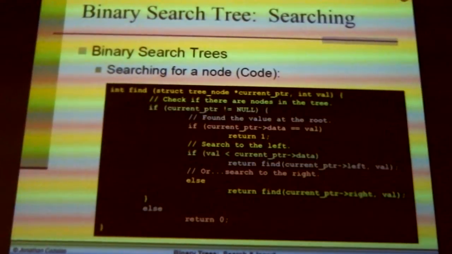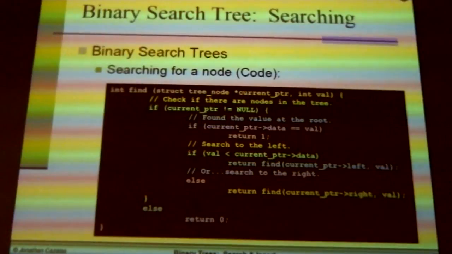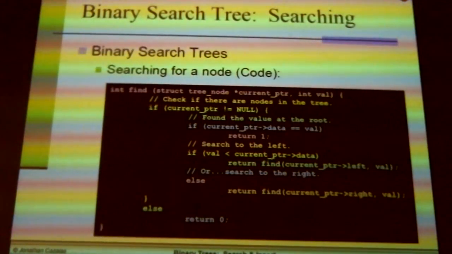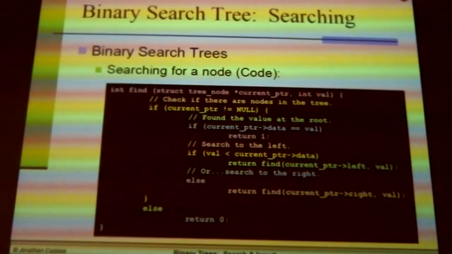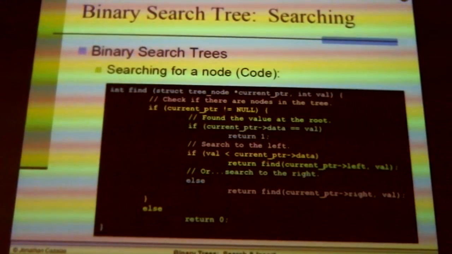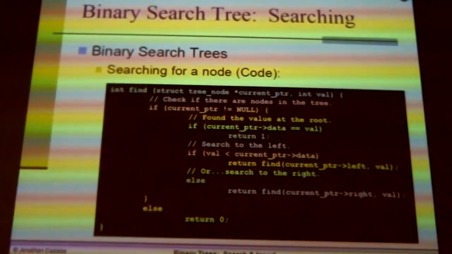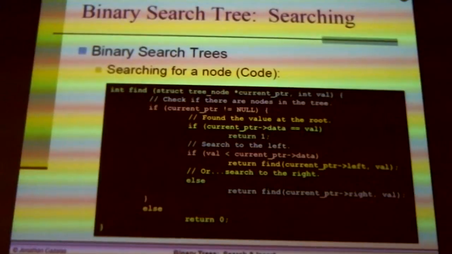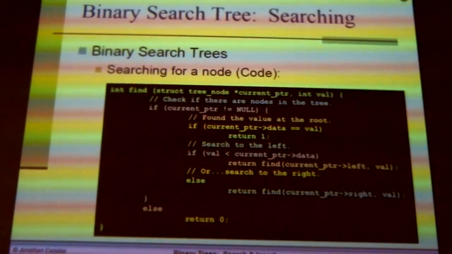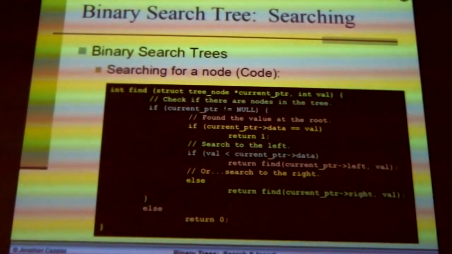Okay, so that's cool. So now we can start looking at it. We know we don't have a null tree, so let's start doing our evaluation. We look at our data in our current position. The reference you're getting in, just like with a linked list, where you get the pointer to the head of a linked list. In binary search trees, the reference we're getting here is to the root.